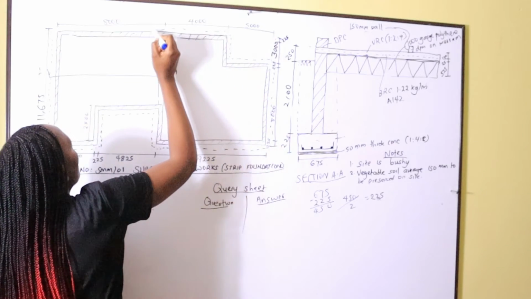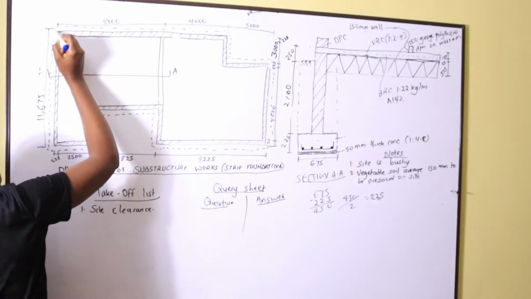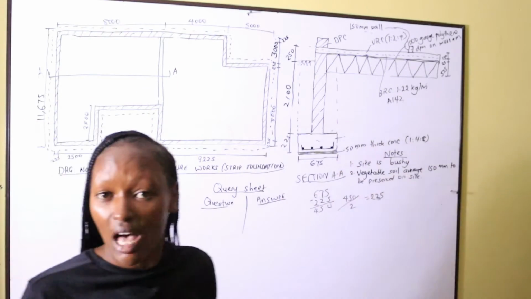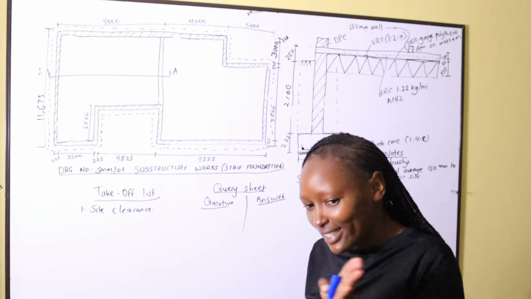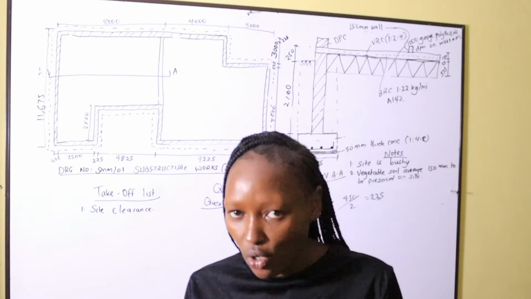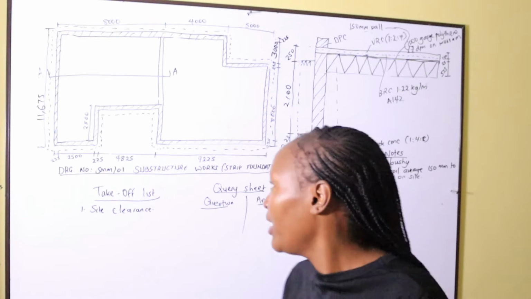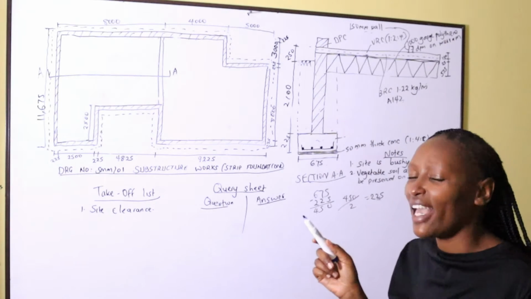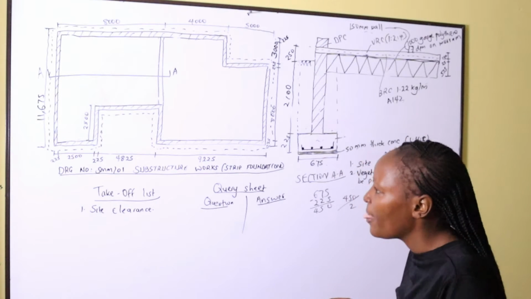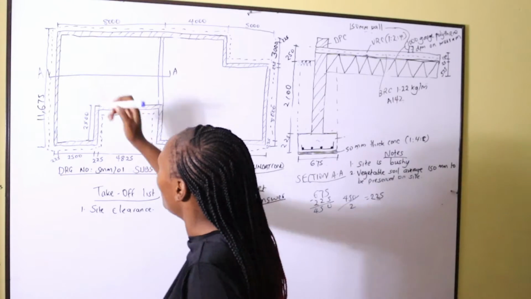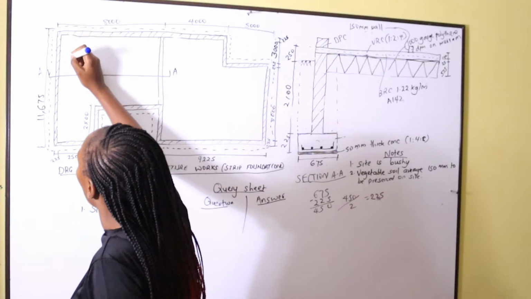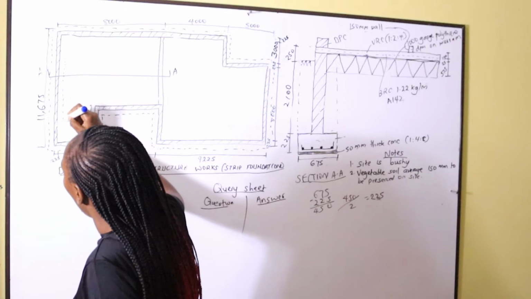This is the external wall of the trench, because we said the trench is a hole, so it has an external wall and an internal wall. Okay, so the one that I've sketched is the external wall of the trench. Then the internal wall of the trench could also be a distance 225 from the internal of the wall.